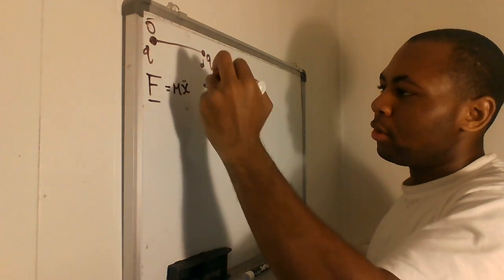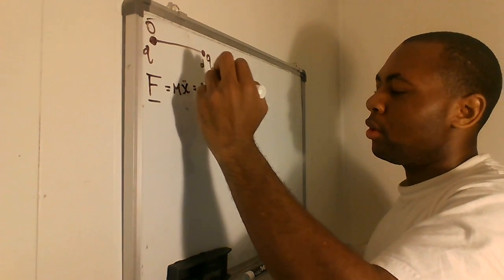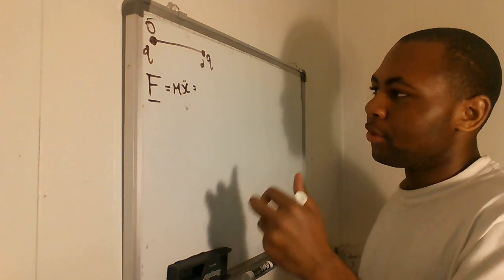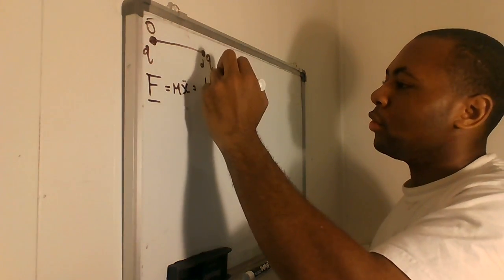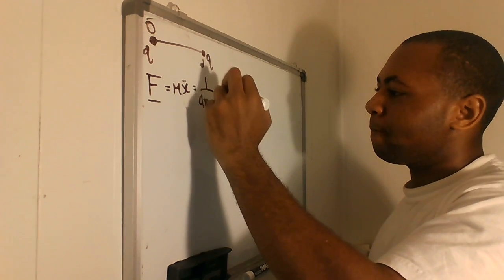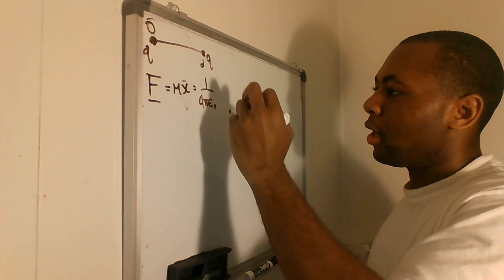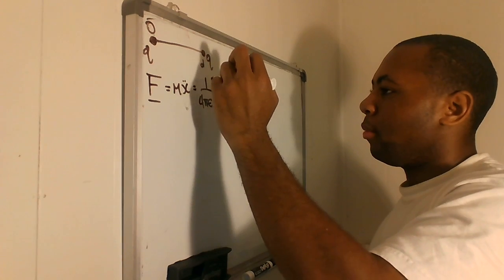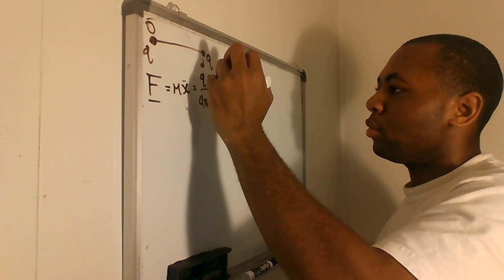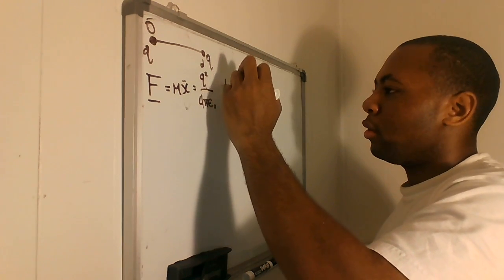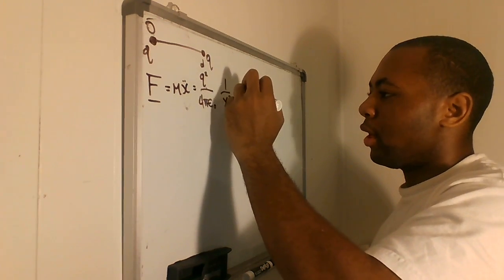This is Newton's law, and this is equivalent to what is the force acting on this particle? It's only the electrostatic force, which is 1 over 4 pi epsilon naught Q squared times 1 over x squared.